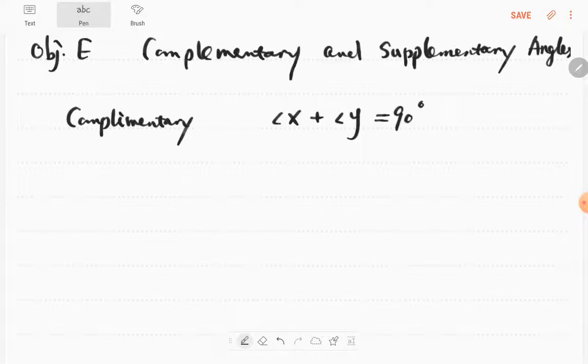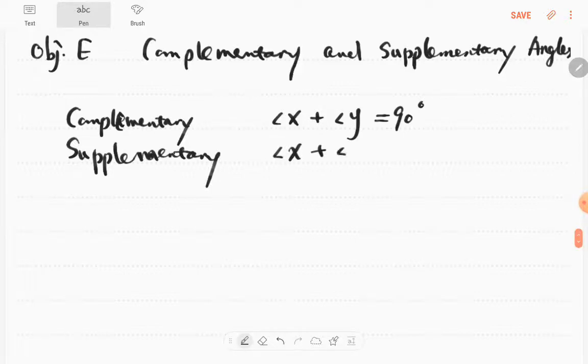Right? Supplementary is if the angle X plus angle Y equals 180 degrees.